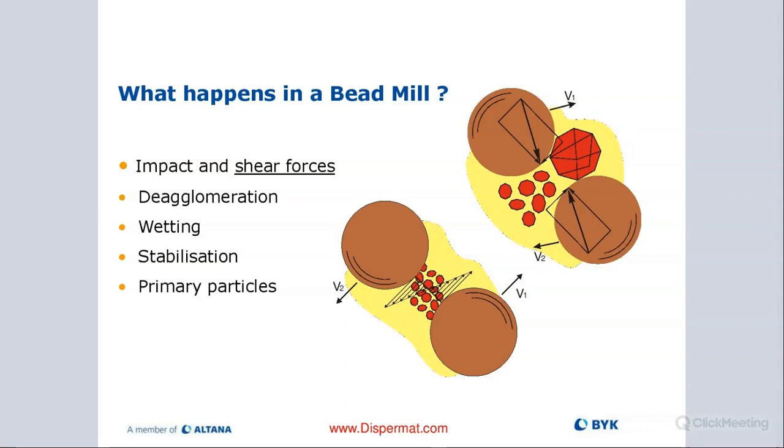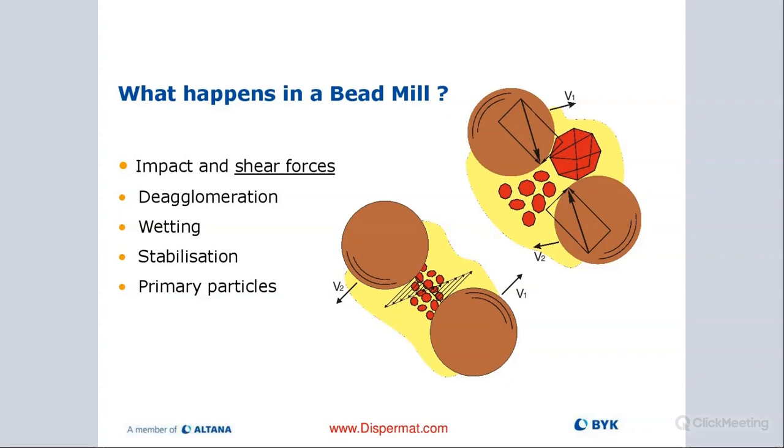So what actually happens inside of a bead mill? We have a bead mill, which is either a horizontal setup or a basket mill. Some people call it immersion mills. So we have kind of a closed container where we introduce our mill base. And inside of this vessel, or basket, or milling chamber, we have beads.